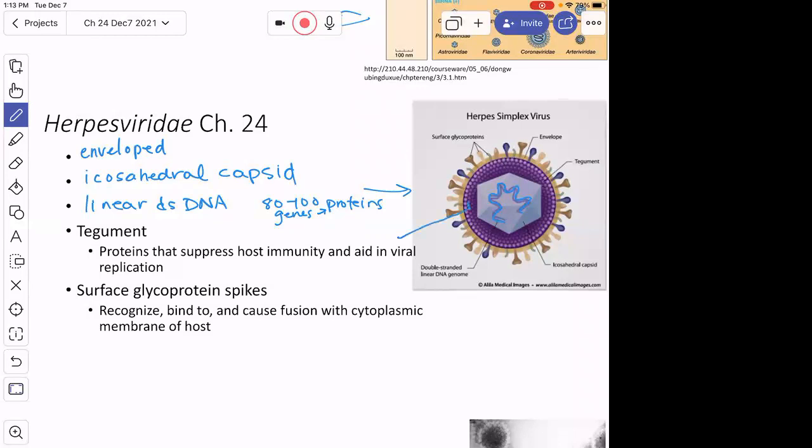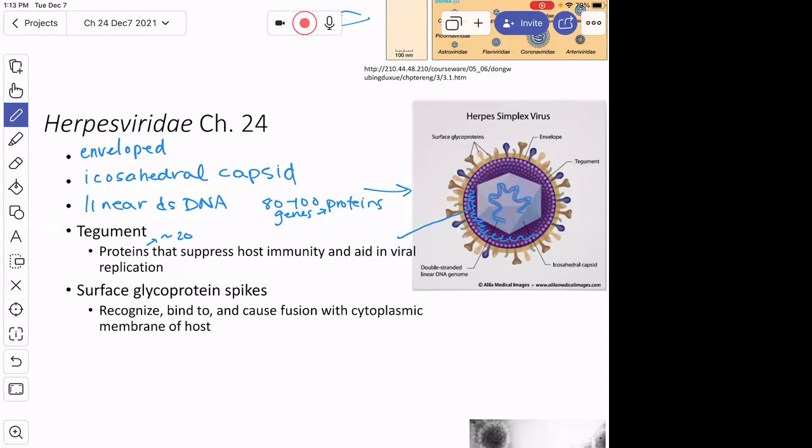So all these are proteins that line the inside of the membrane, the envelope, that the virus carries with it. We call these tegument proteins. We think that there's somewhere around 20 tegument proteins, and those just help the virus be successful.